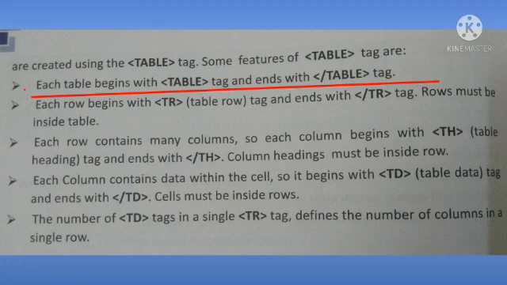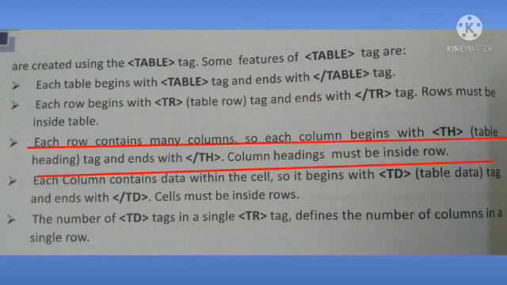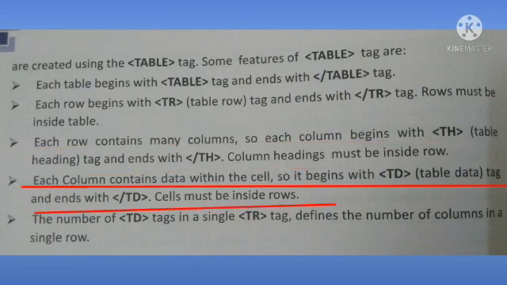Second one, each row begins with the opening tr tag, that is, tr means table row, and ends with a closing tr tag. Rows must be inside the table. Third one, each column contains data within the cell, so it begins with the td tag, that is table data, and ends with the closing td tag.